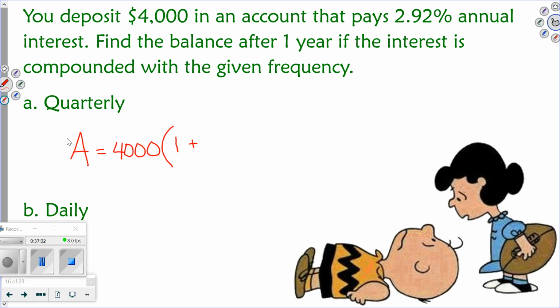How would you write 2.92%? 0.0292. Good. Remember, you're moving that decimal point 2 spots when you're doing that. And if it's quarterly, how many times is that? That is 4. And it's 4 times, and it's just asked for 1 year. That's fine. 4 times 1, 1 times 4, doesn't matter.